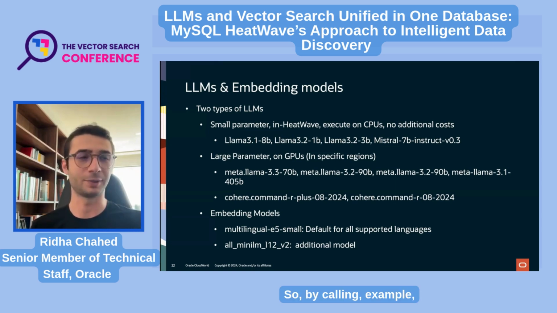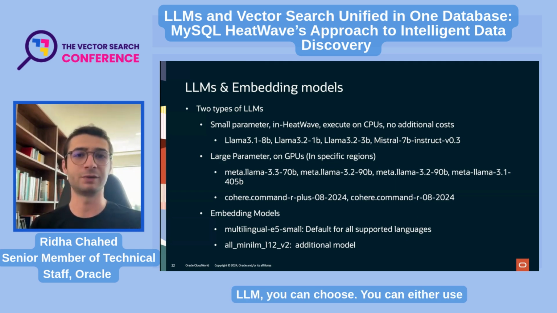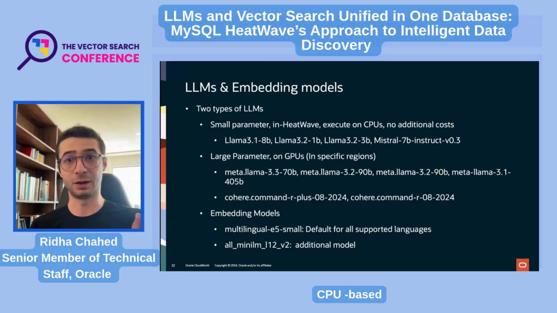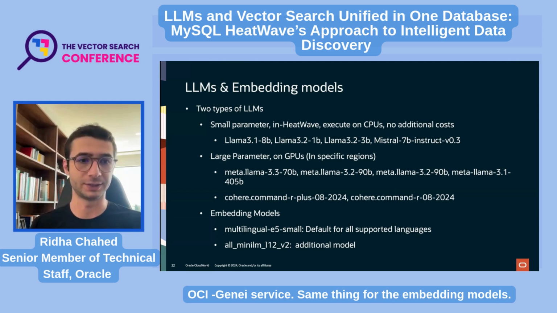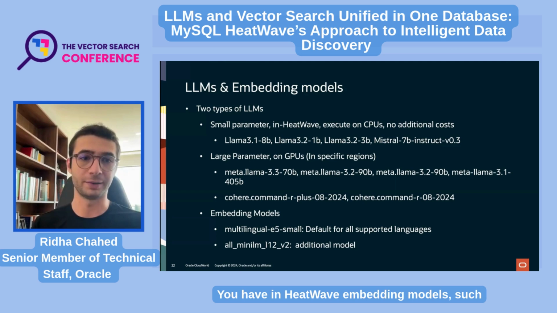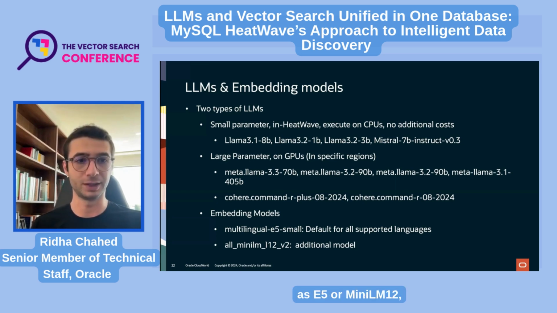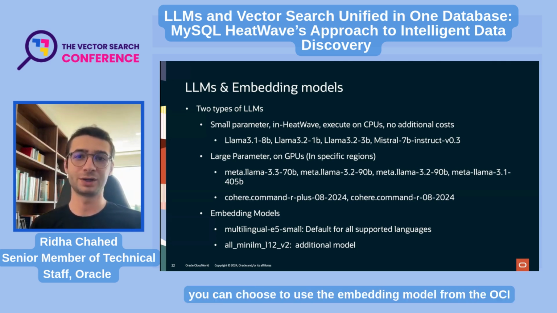So by calling, for example, ML Generate, which is our API to communicate with the LLM, you can choose. You can either use CPU-based and smaller LLMs, or you can use GPU-based and bigger models within the OCI GenAI service. Same thing for the embedding models. You have in-HeatWave embedding models such as E5 or MiniLM12, which allow you to embed your documents and your SQL tables right in your database, or you can choose to use the embedding model from the OCI GenAI service.